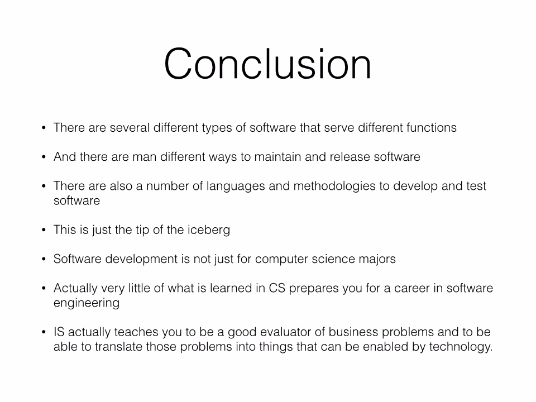So in conclusion, there are many different types of software that serve different functions, and we talked about a few of them: system software, application software, utilities, and then within them we talked about device drivers, operating systems, etc. And there are many different ways to maintain and release software.